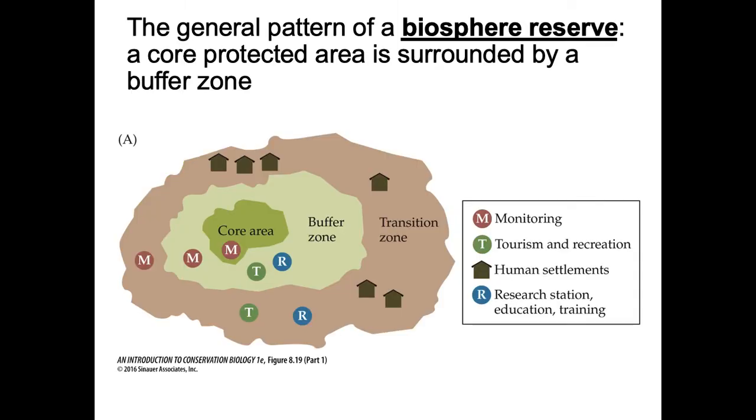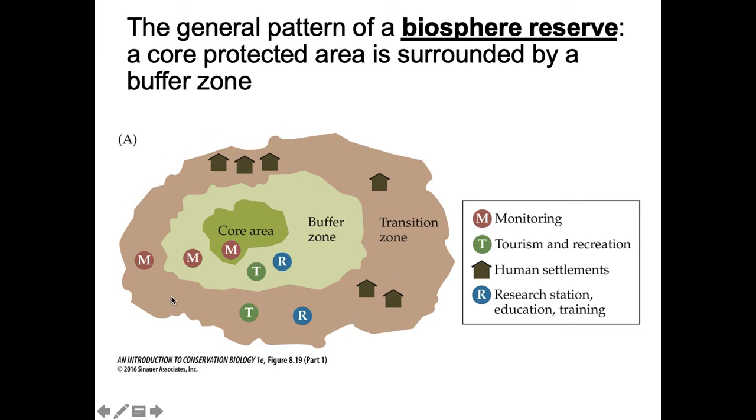One particular type of zoning is a particular type of reserve called a biosphere reserve, which has a core area that is strictly protected, a buffer zone where we might have some tourism and recreation, and then a larger transitional zone that has human settlements within it.